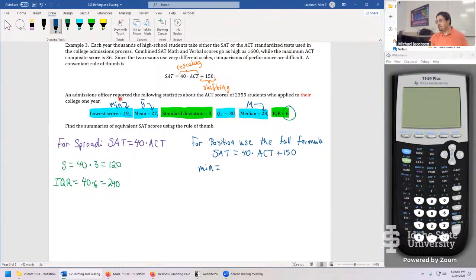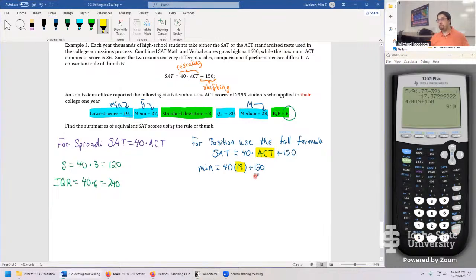So the new min, seeing the formula over here, all we're going to do is replace this part right here, highlighted in yellow, with the values we see on the original data, or the original statistics. So it'll be 40 times 19 plus 150. I've lost the ability to do these in my head, so let's hit this with the calculator now. 40 times 19 plus 150.